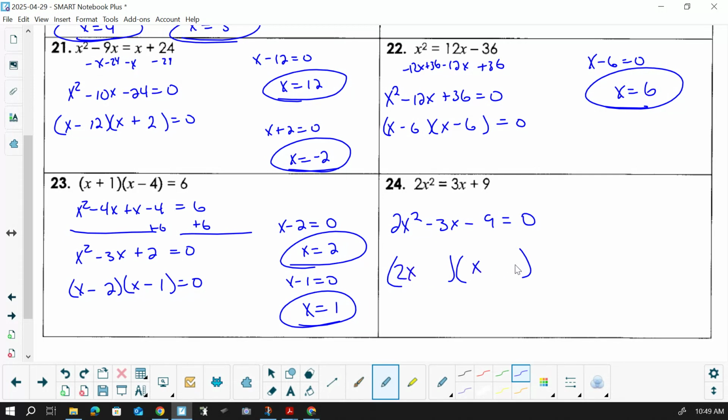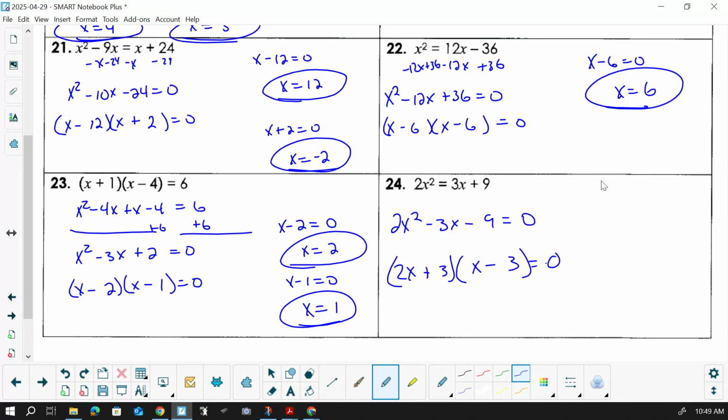2x, x. I still want to do the 3 and the 3. But it's a minus, which means one's going to be minus and one plus. So 2x squared minus 6x plus 3x. Give me that. Good. Perfect. There we go.